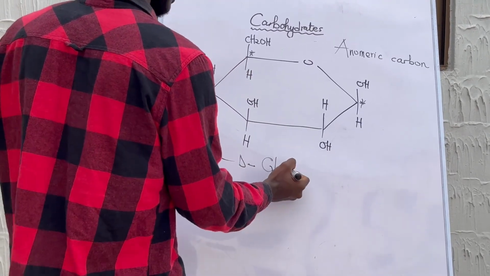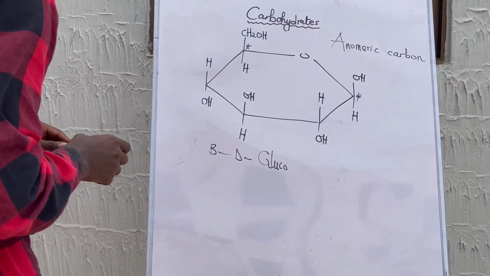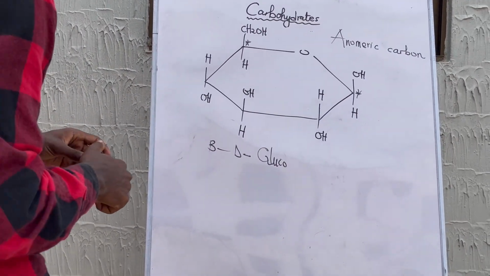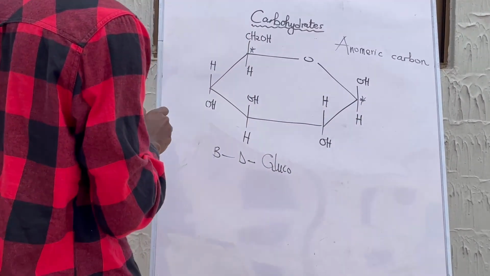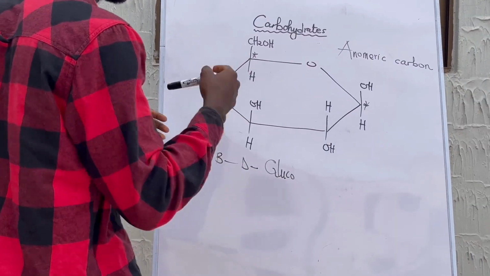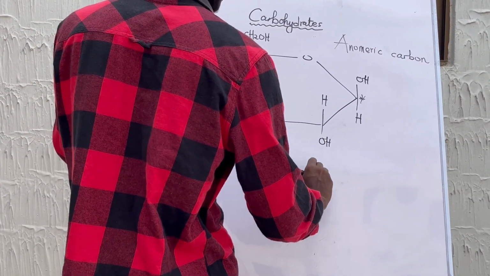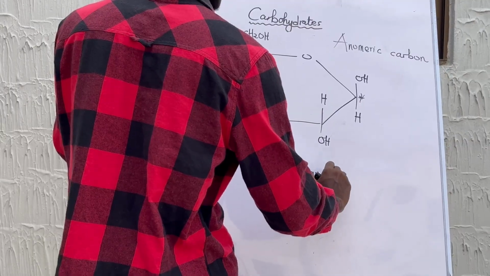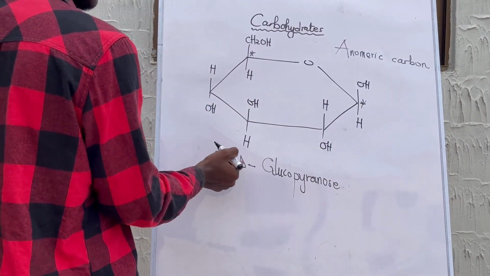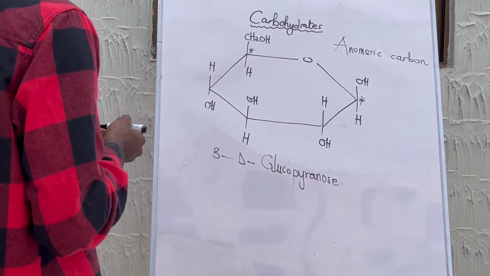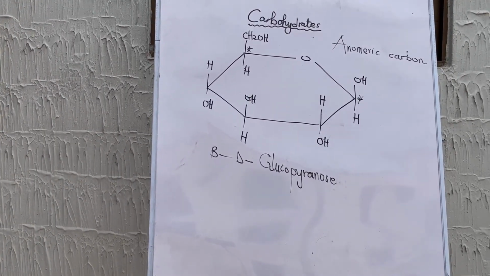You have to end it with gluco, because there's something you're supposed to add to it. It is in a cyclic form, so glucopyranose. Here we have our pyranose. So, beta-D-glucopyranose. You see, it's very simple to name.